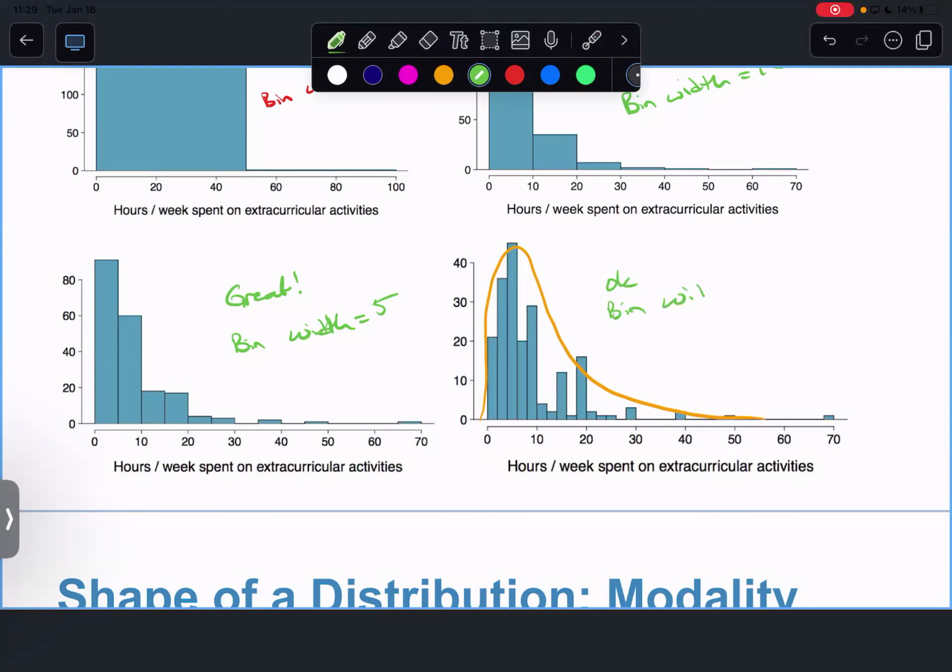The bin width looks like it's 2, 4, 6, 8, 10. But it's showing too much detail that we would then have to smooth over. Arguably, I'm okay with that one.